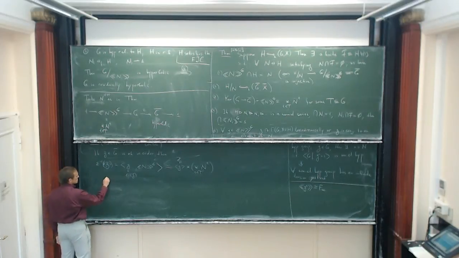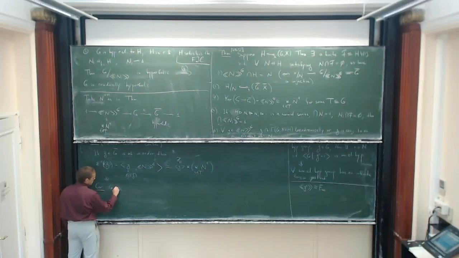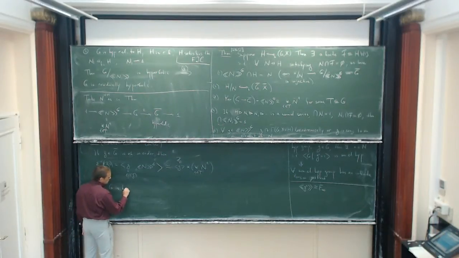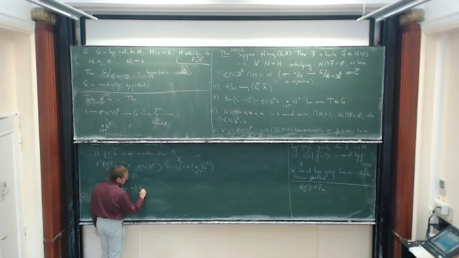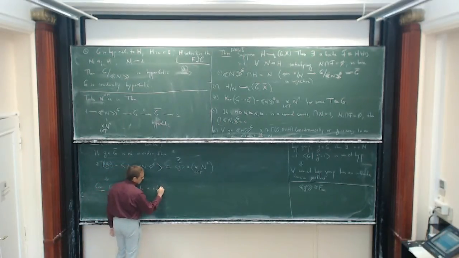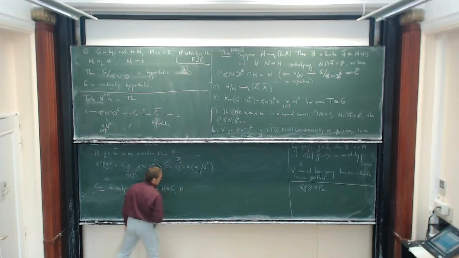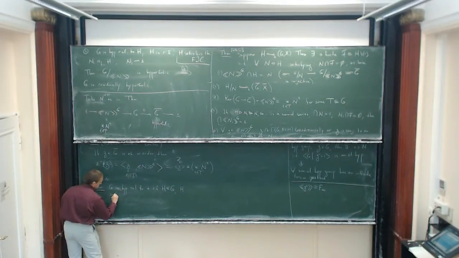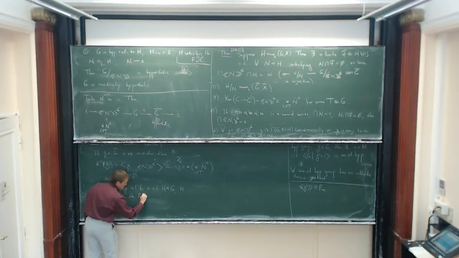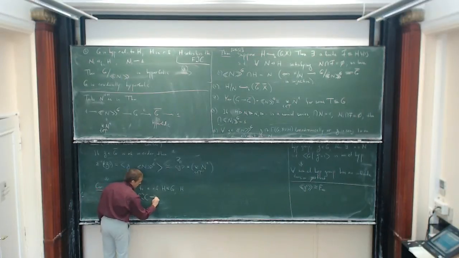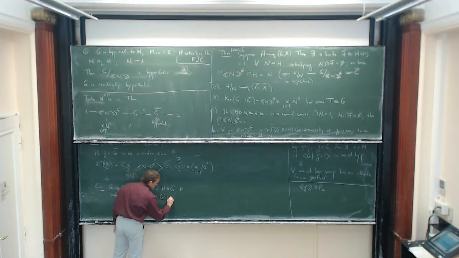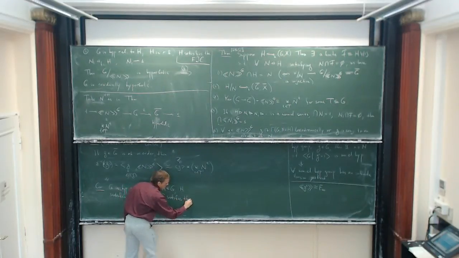So as a conclusion, you get this corollary: if G is hyperbolic relative to a residually finite subgroup H, and H satisfies the Farrell-Jones conjecture, then G satisfies the Farrell-Jones conjecture.